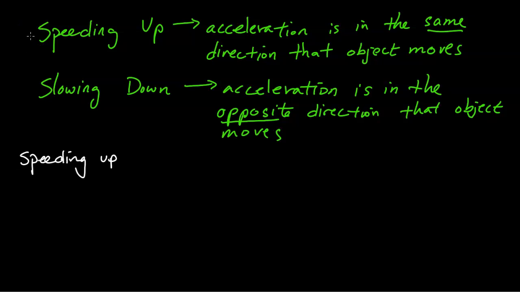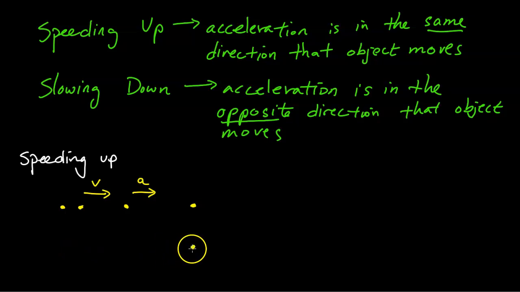So now let's take a look at an example of speeding up. I'm going to use a dot diagram, and I'm going to space out the dots farther and farther apart, which indicates that they are speeding up. And I'm going to indicate the direction of the velocity. I'm going to say it's going to the right. Because it is speeding up, the acceleration will be in the same direction. Let's say that it was moving to the left and it's speeding up.